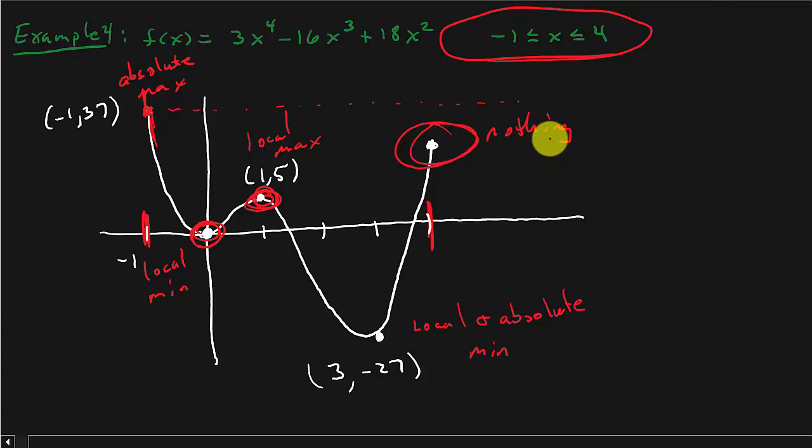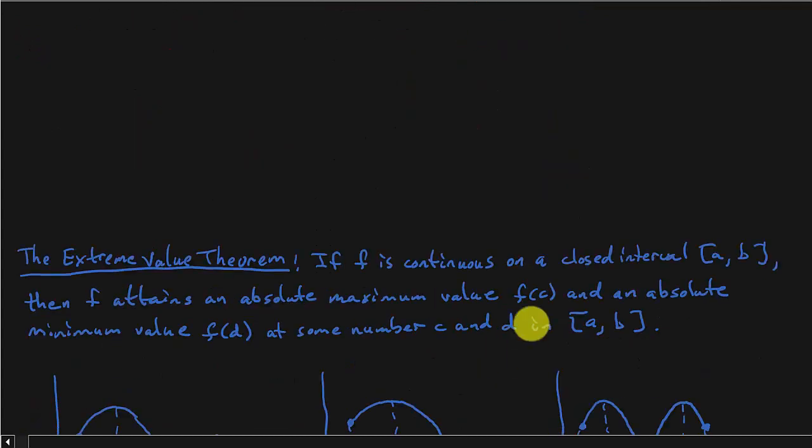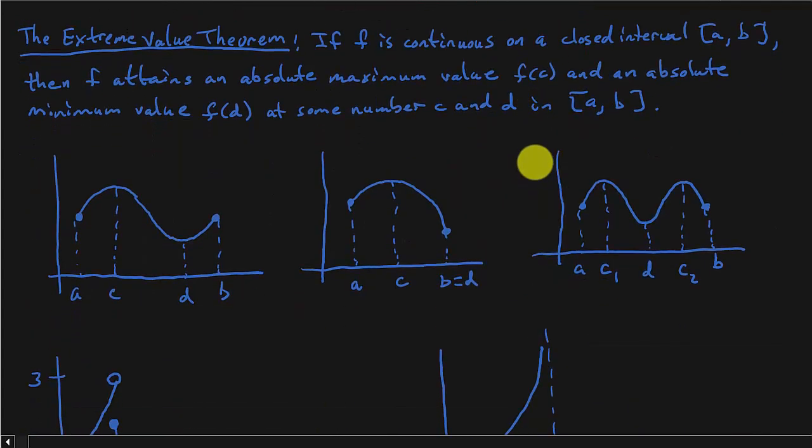All right. So hopefully, from looking at some graphs, now you can see the difference between absolute and local. All right, so let's look at this next thing, the extreme value theorem.